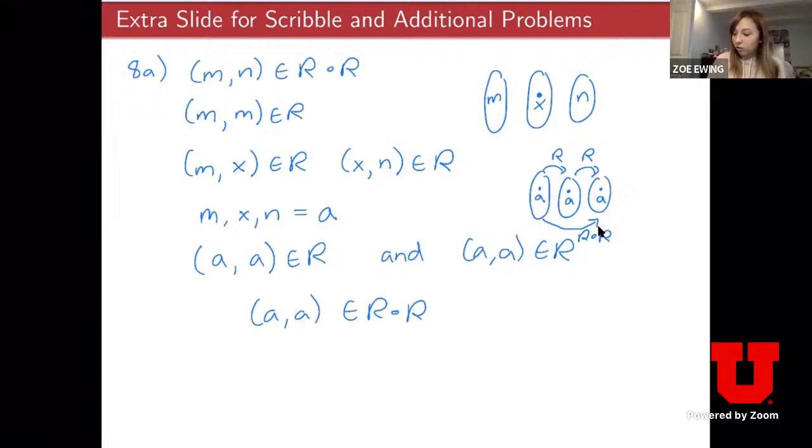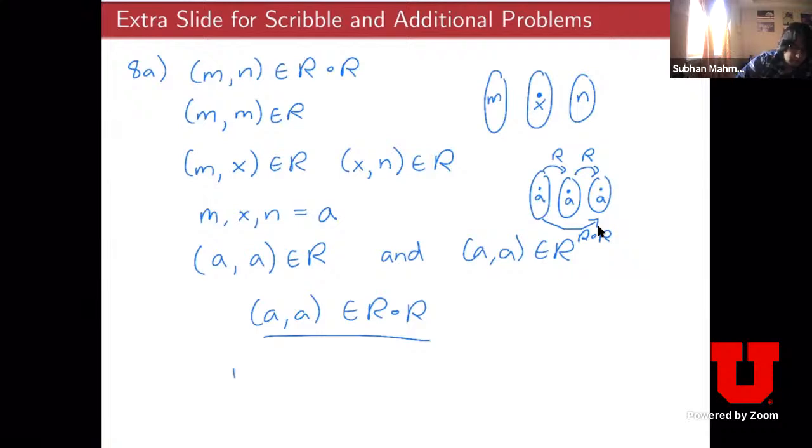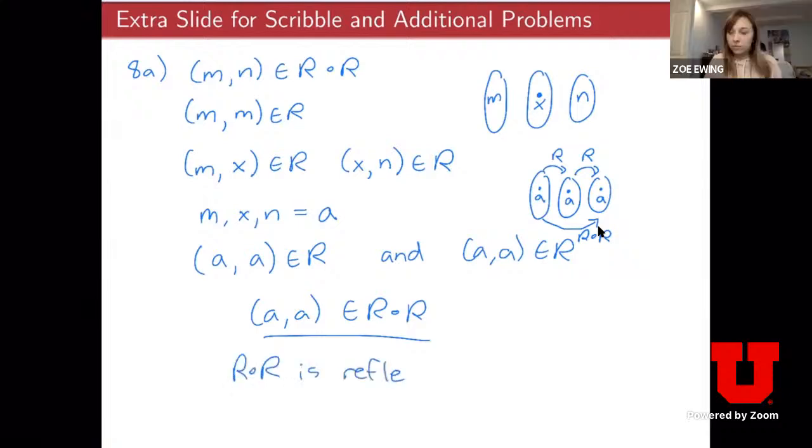Okay, so what does this tell us about R composed with R? It's reflexive. Yeah. So I find when I'm doing these problems, the biggest help is to just keep drawing pictures like this to understand what's going on, because sometimes it can get a little bit confusing, but that helps me figure out how these relations have to work.